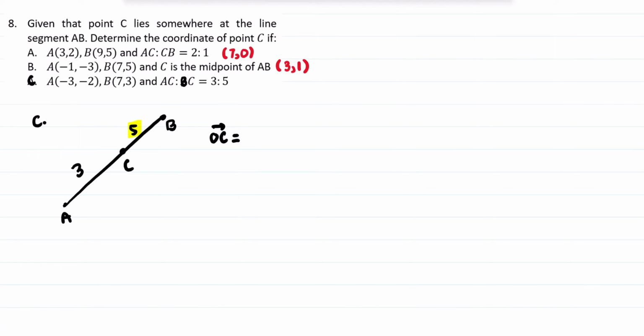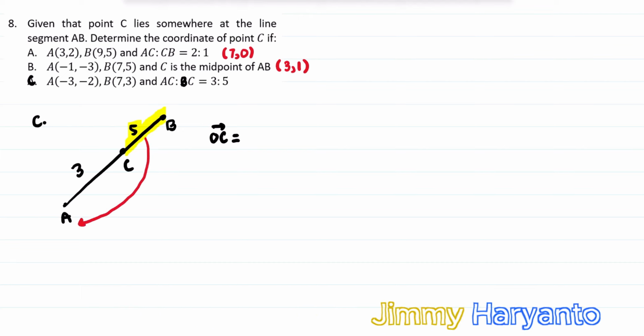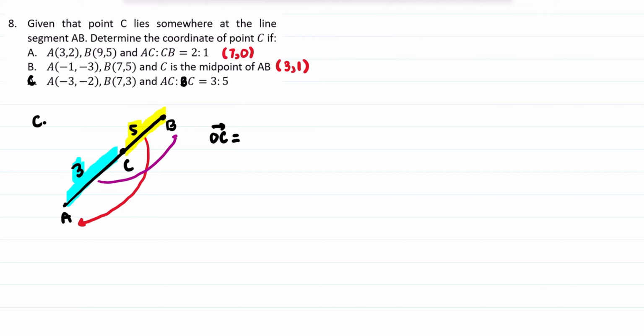The 5 is for the CB, right? You have to multiply it with the coordinate of A. So the ratio of CB times A, and then the ratio of CA will be multiplied by the B.